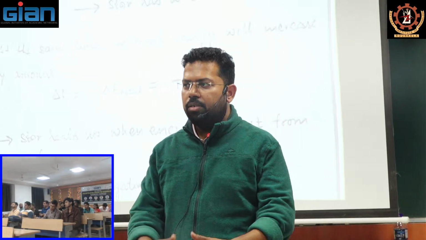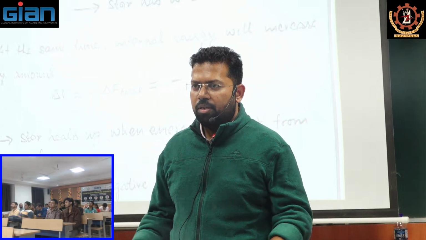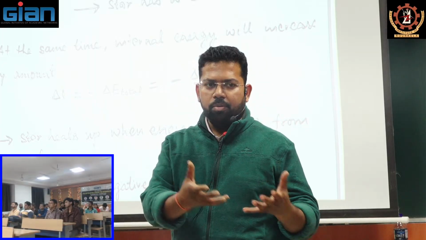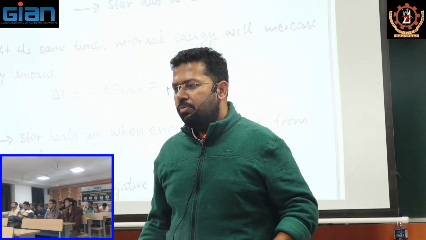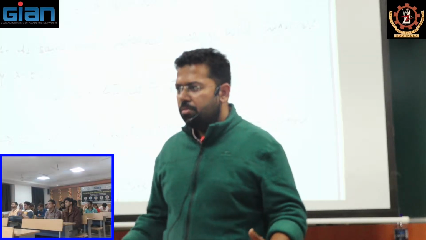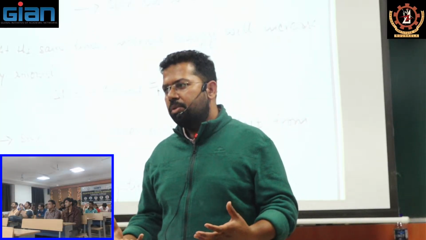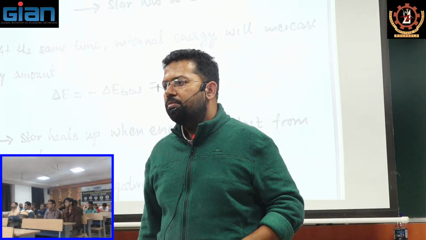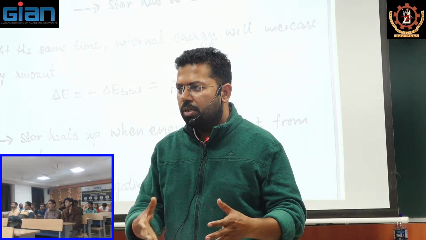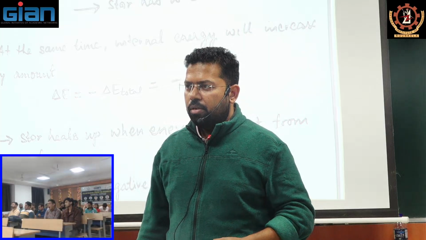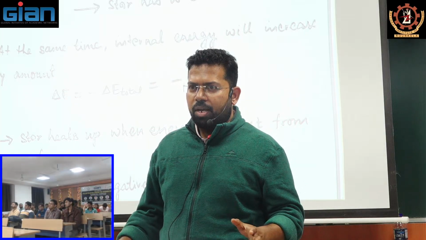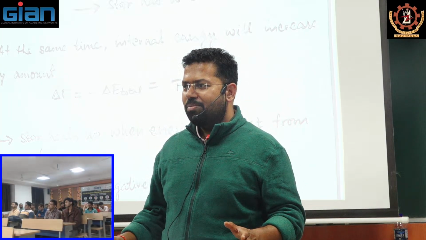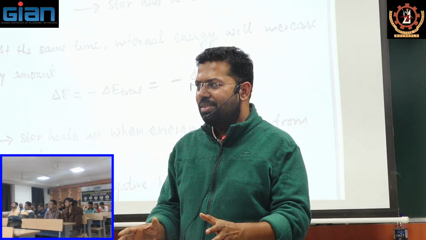On Earth it is difficult to see such kinds of objects. Our intuition is that if you have any system and you take out energy from it, then the temperature or the internal heat of that object must decrease. I don't have any object in my mind which has negative heat capacity on Earth.